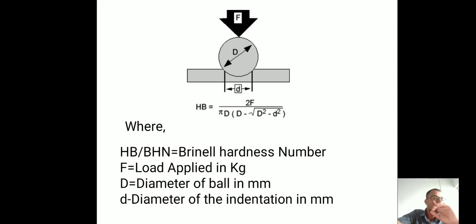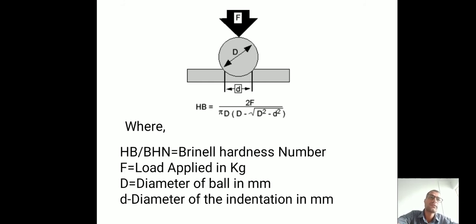So now to measure the hardness by the Brinell hardness tester, we should know these parameters. F, what is F? Load applied in kg. While we are checking the hardness, that F is already known to us, because we first select the load according to the material.